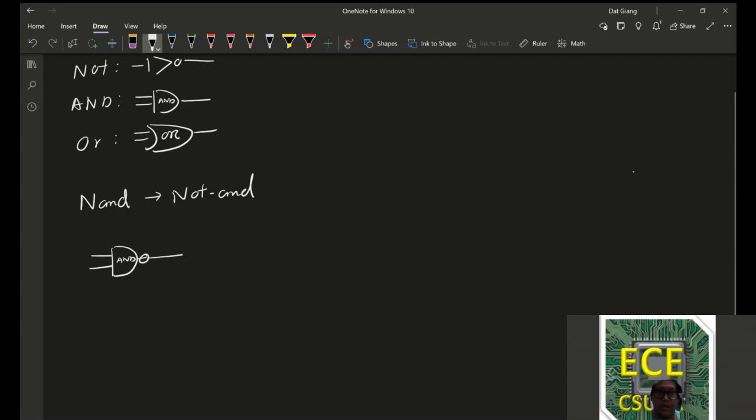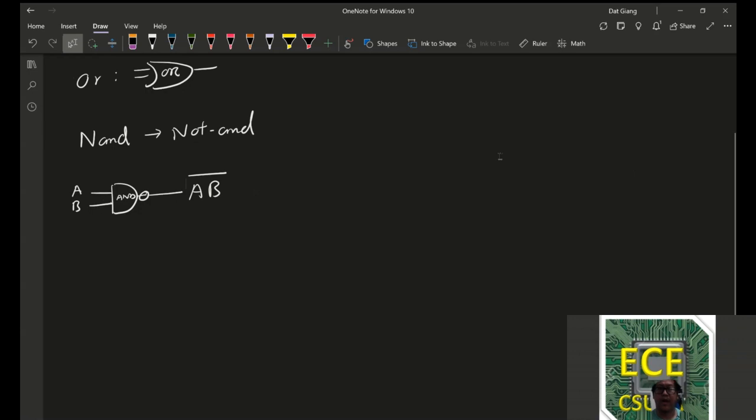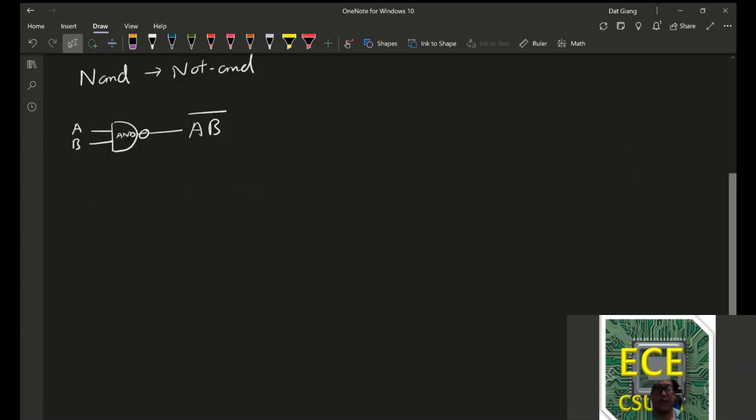Sometimes they put circles over here, but to keep it simple, whenever we see this, we have (AB) complement. Later on, we'll see what this means for us, but for now, this is what a NAND gate is. It's a not and.